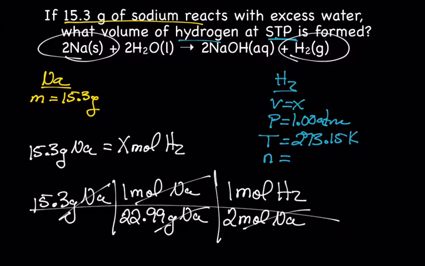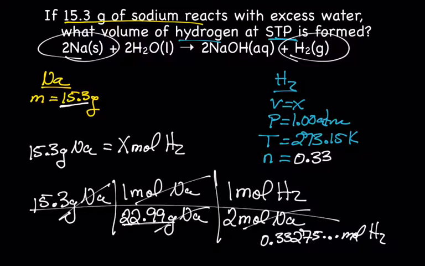Those cross out, and now we can solve for moles of hydrogen. And I got 0.33275, etc. mole H2. And looking at sig figs, 3 sig figs. So our number of moles of hydrogen gas is 0.333 moles.